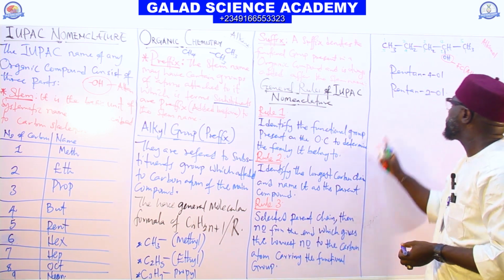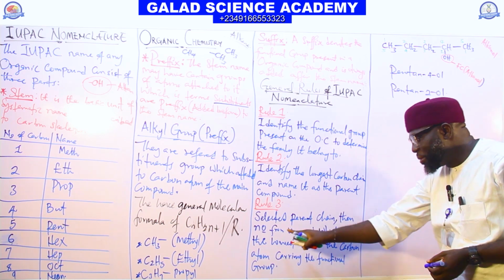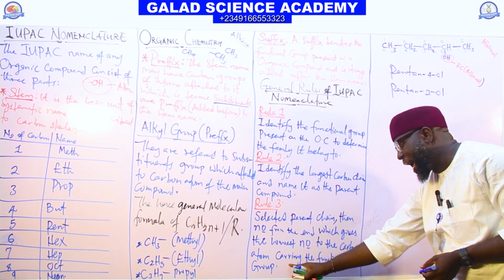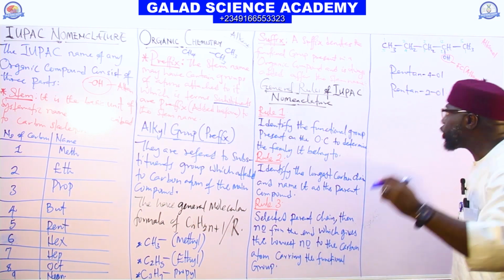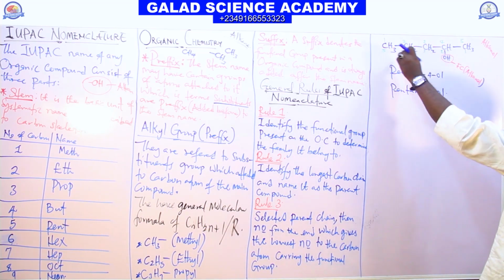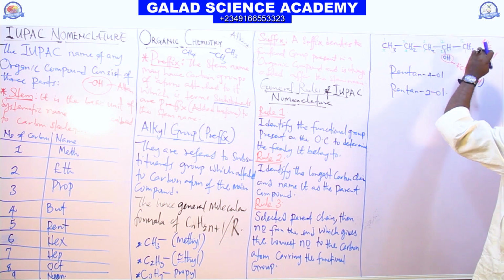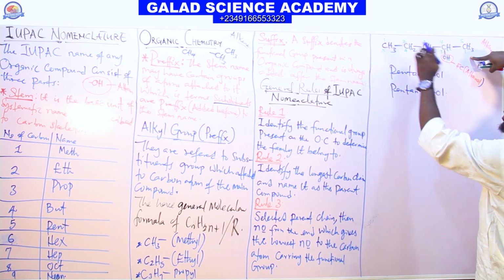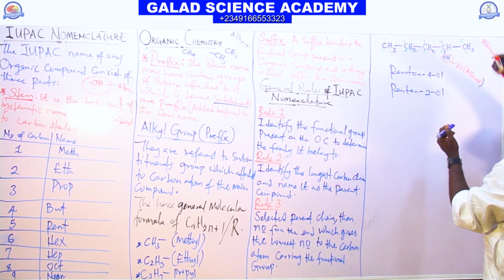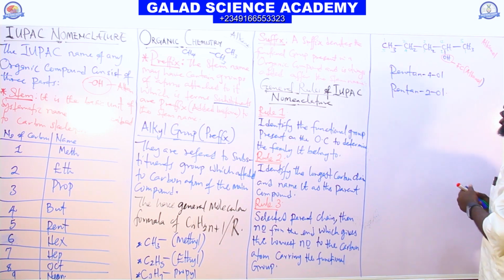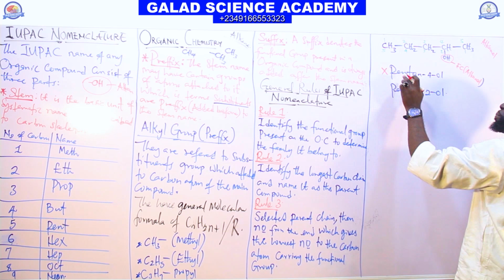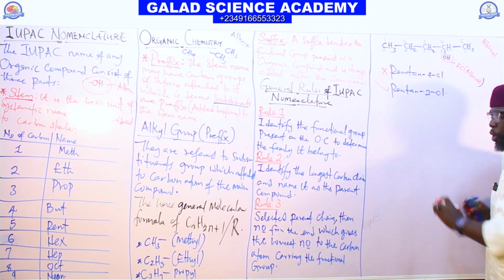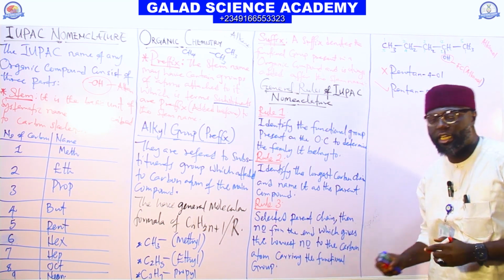Select the parent chain, which is pent, then number from the end which gives the lowest number to the carbon atom carrying the functional group. Counting from here, the functional group is at 4. From here, it is at 2. 2 is less than 4. Therefore it is wrong to call this structure pentan-4-ol. The right option is pentan-2-ol.